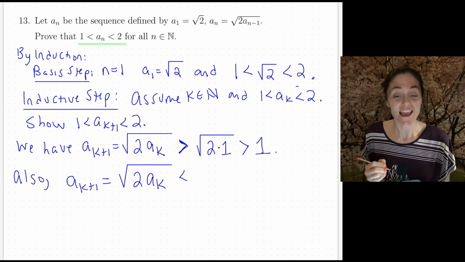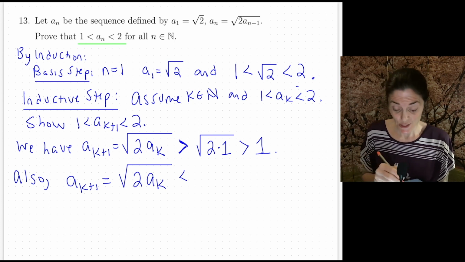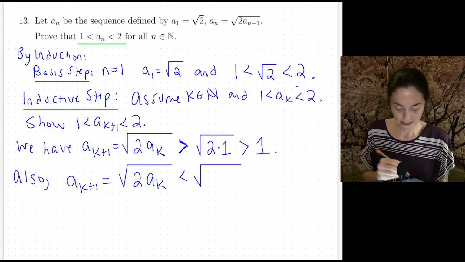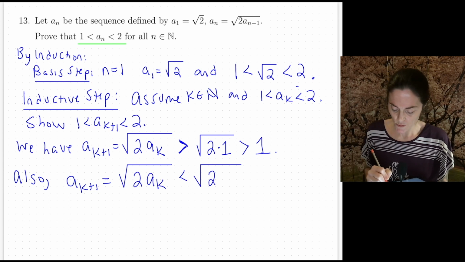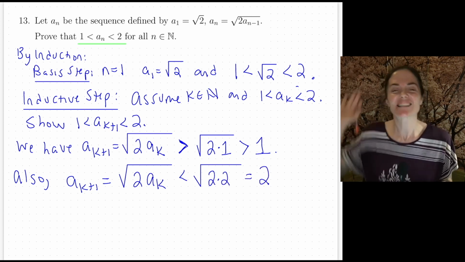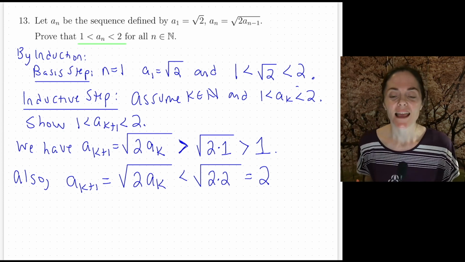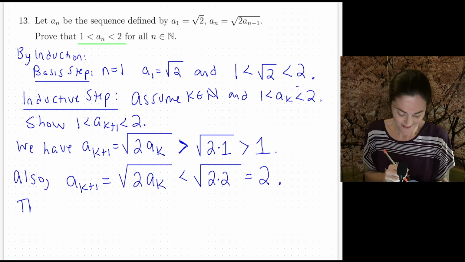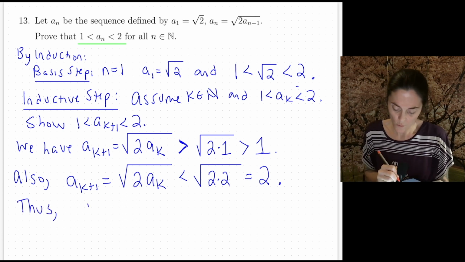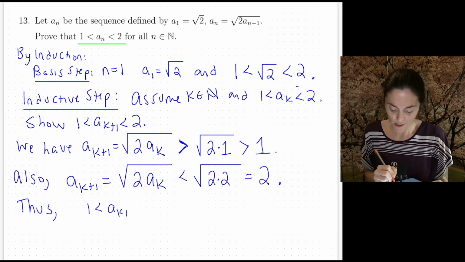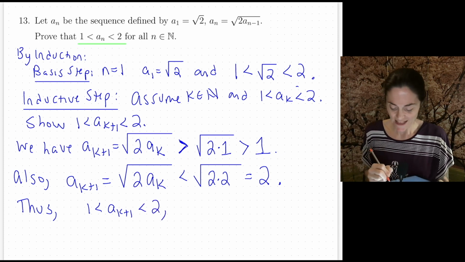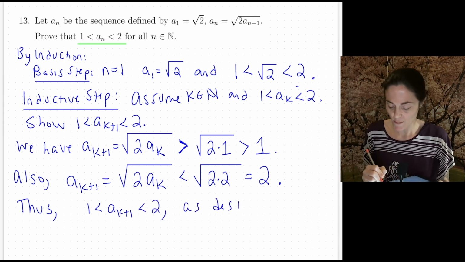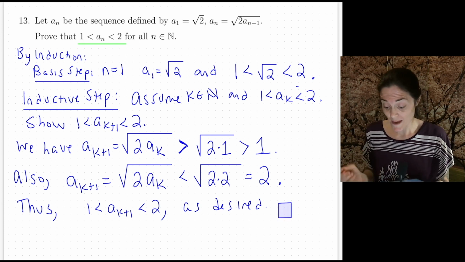Now, ak is less than 2, so this would be less than the square root of 2 times 2, which is the square root of 4, and this equals 2. So we have shown 1 is less than a(k+1) is less than 2. This is exactly what we were trying to prove. And this is the end of this proof by induction.